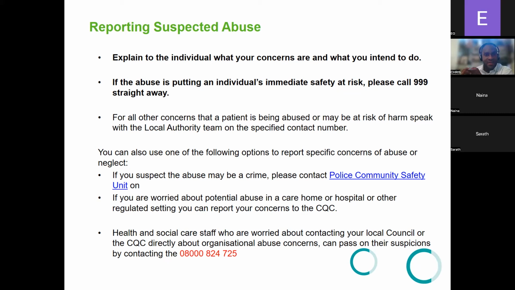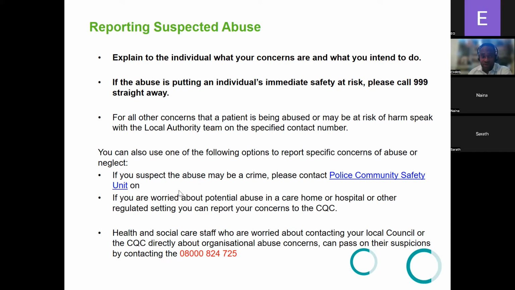Every local council has a local safeguarding team. They are the people responsible for all safeguarding issues within the borough or the local area. You can also use one of the following options to report. There may be an email to follow, or a phone number to call.